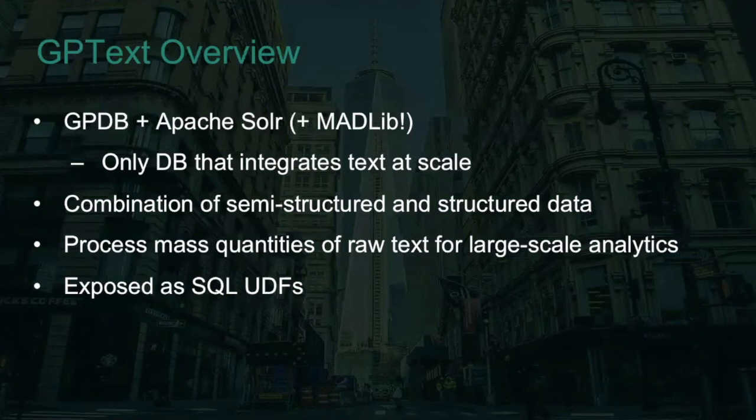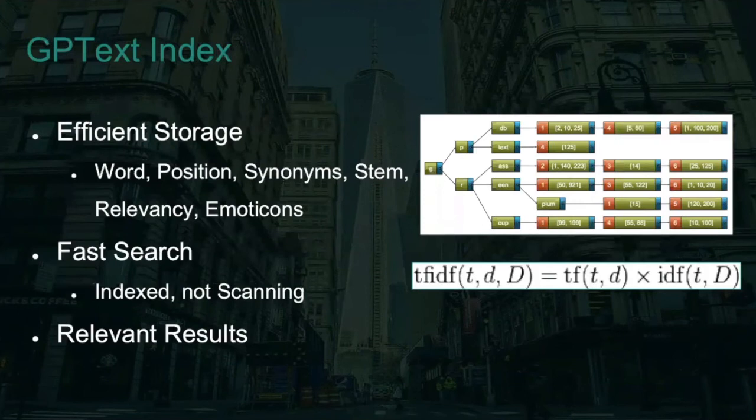But it's all exposed as SQL UDFs. So you get the flexibility and configuration that you would get with Solr, but you get the familiar SQL interface and the scalability that you do with the GPDB architecture. When we look at a GPText index, it's processed for efficient storage.